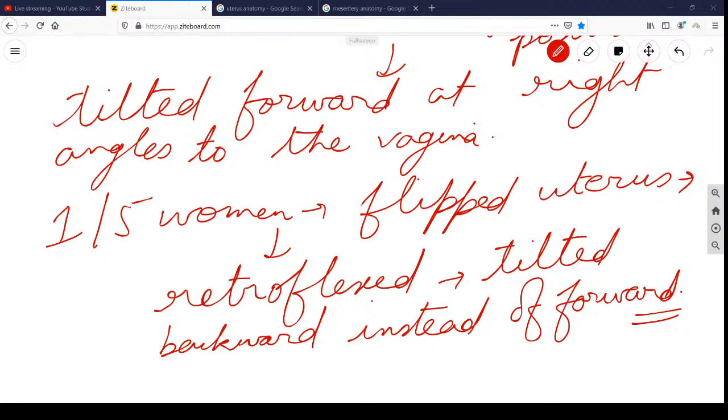Delivery of a large infant, or breech or forceps deliveries, can also lead to uterine prolapse by stretching or damaging the uterine ligaments.